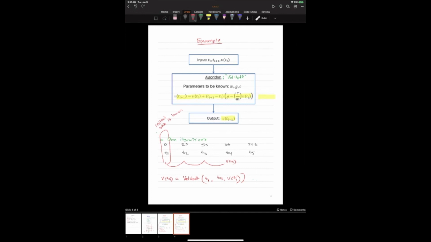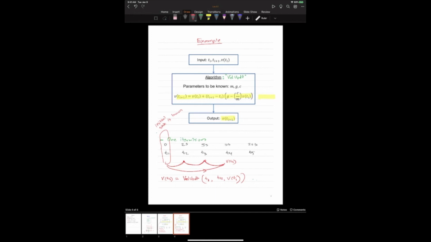One, I compute the velocity at time 2, and from there I compute the velocity at time 3, and then from there the velocity at time 4. We have to do it sequentially. But if you want to do it directly, there's one way to do it. I can just compute this directly.